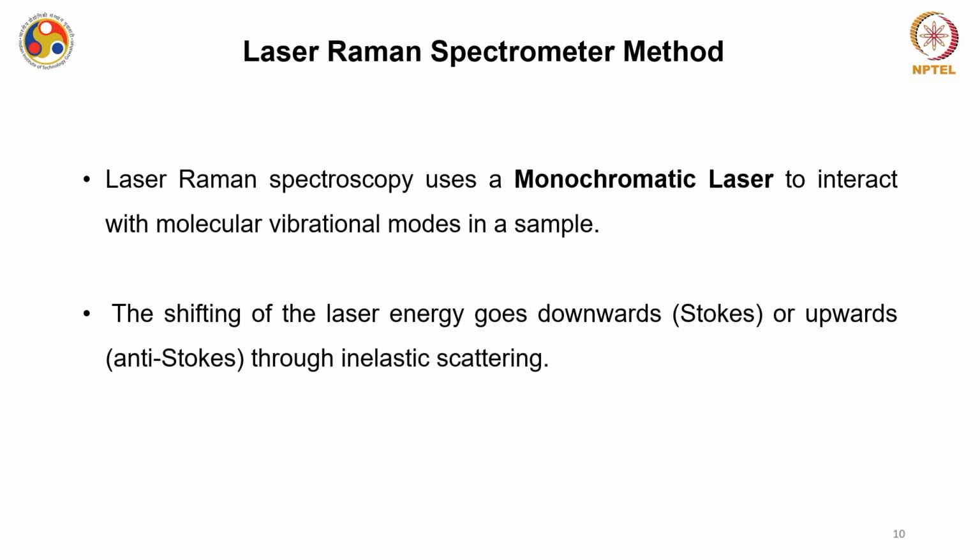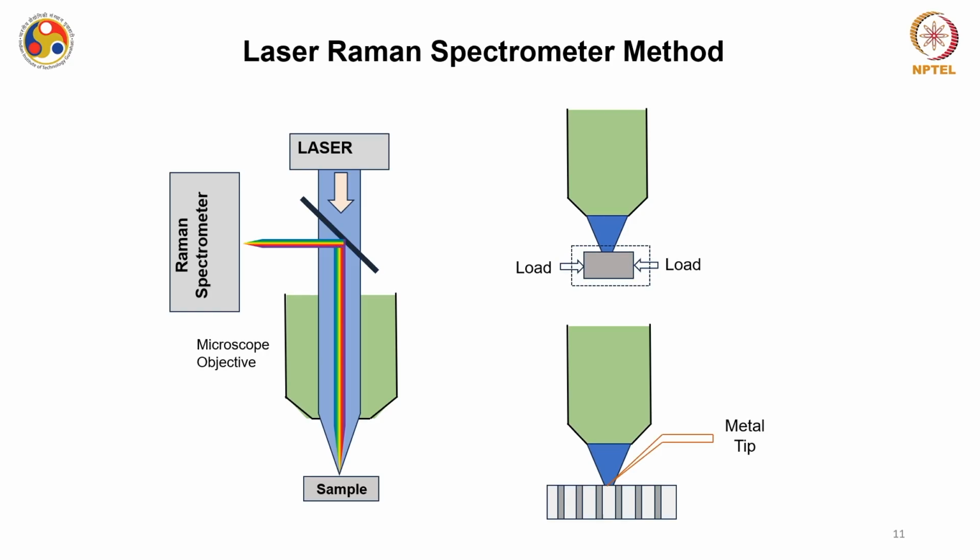And then we have Stokes lines or anti-Stokes lines, depending on how it is interacting. The shifting of the laser energy goes downward if we have a Stokes line, or it goes upward if you have an anti-Stokes line. And they are based on inelastic scattering, right. So, the laser Raman spectrometer method can be extended for the measurement of applied force by detecting the Stokes lines and anti-Stokes lines in the Raman spectrometer.